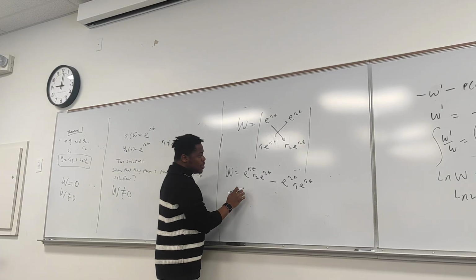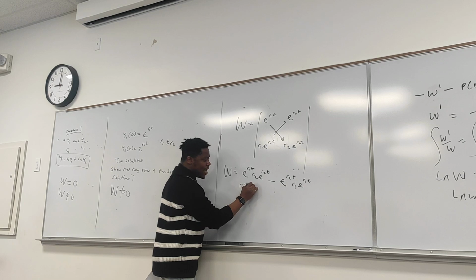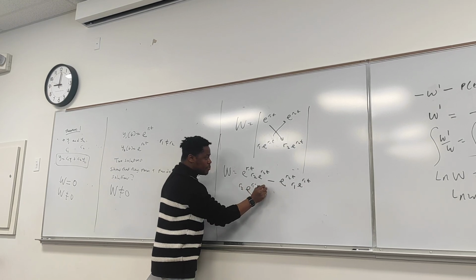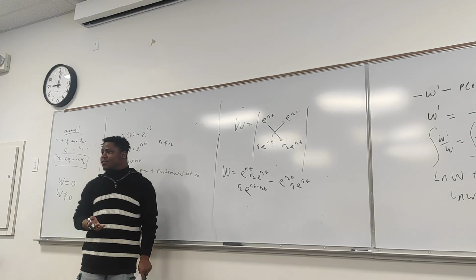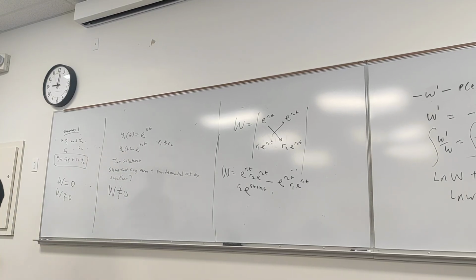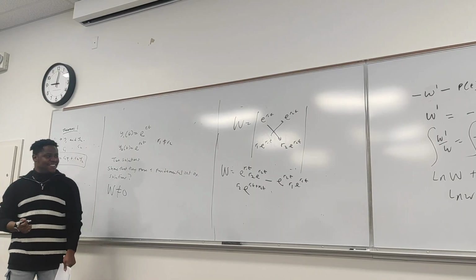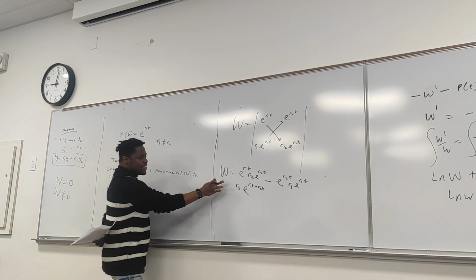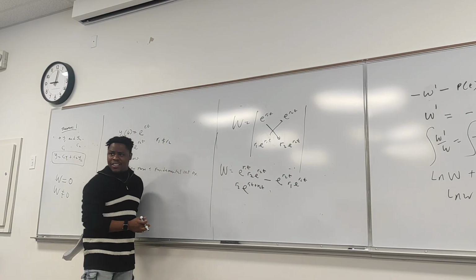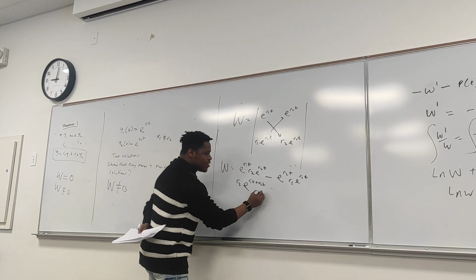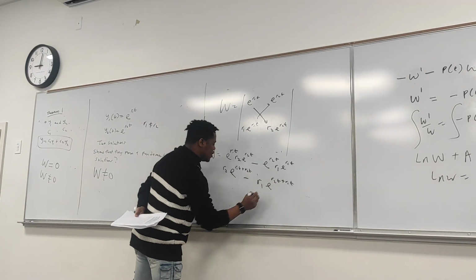So this becomes r2 e^(r1 t + r2 t), because you can add the exponents together, right? Question. Everyone is looking at me as if I've done something wrong. Tell me now. All I did was say, this multiplied by this means take one, then you add this. That's correct, right? Okay. Minus the same thing, r1 e^(r2 t + r1 t).